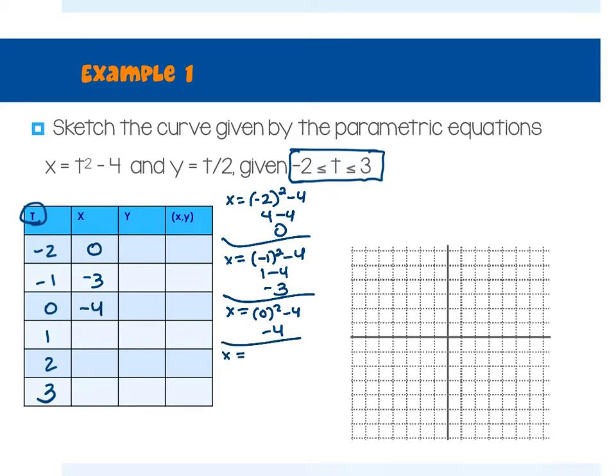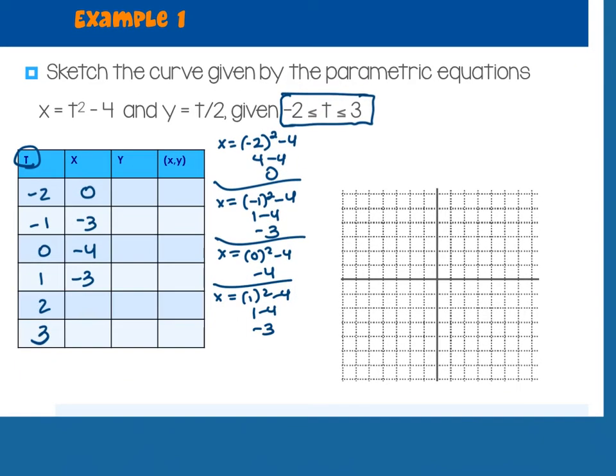Then 1 squared minus 4, 1 minus 4, which is -3. Then I'm going to plug in 2, 4 minus 4, which is 0. And then I'm going to plug in 3, and that's 5.